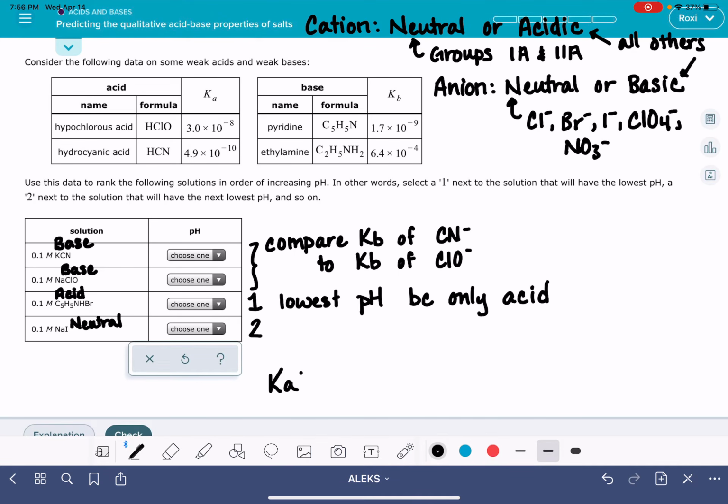Using the relationship Ka times Kb equals Kw, we know that the Kb is going to be Kw divided by Ka. This problem is tedious.